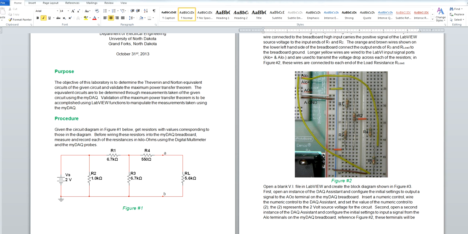You notice again the input wires to the board out to the LabVIEW software, headed out to both AI0 negative and AI0 plus, surround the load resistance. We're going to take a reading here after we hit run in our LabVIEW software, and we'll repeat that for each resistor shown and record the values.